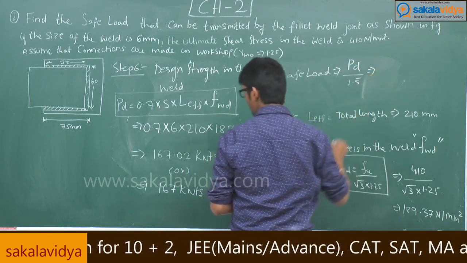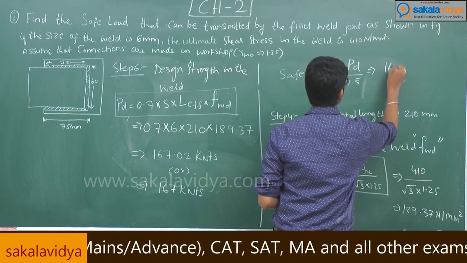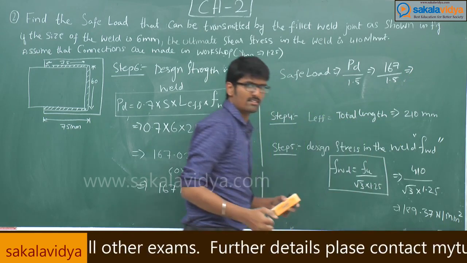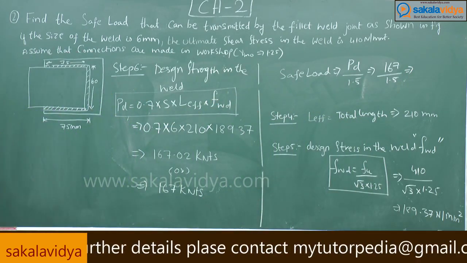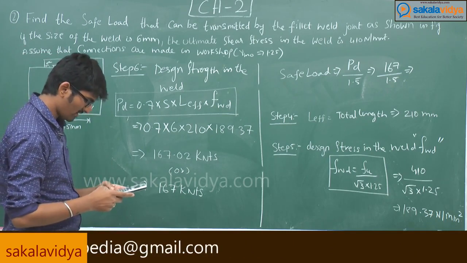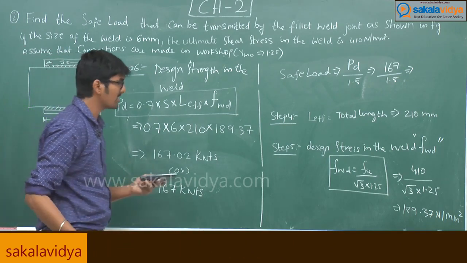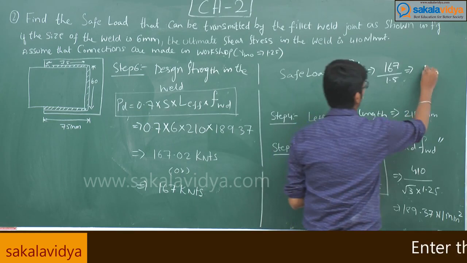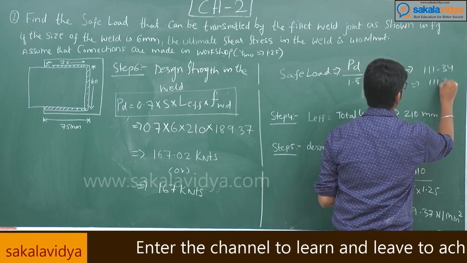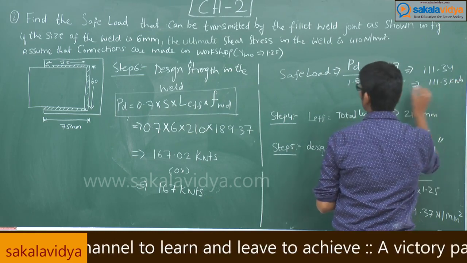PD means how much? 167 divided by 1.5. So what is the answer? Let us check it. 167.02 divided by 1.5. So what is the answer? 111.34. That is 111.3 kilonewtons is the safe load.